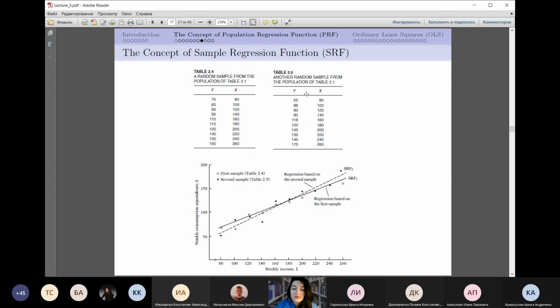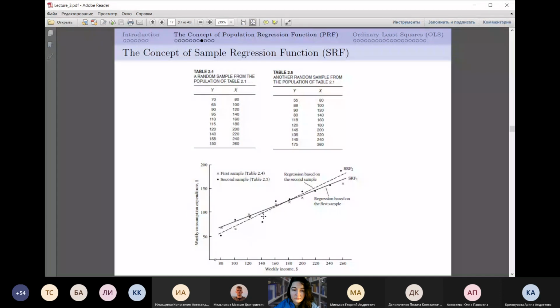So the question is, which of the two regression lines represents our true population regression line? What do you think? I think it's somehow an average between them or something like that.